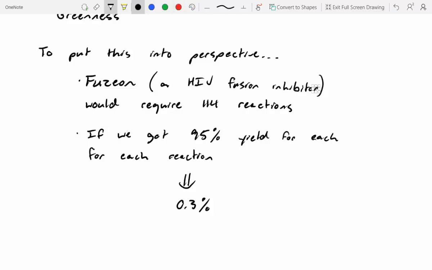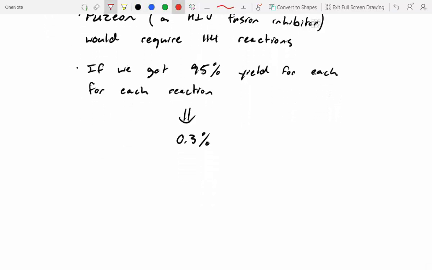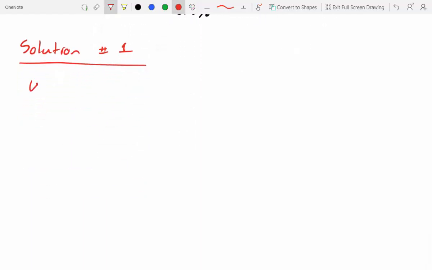The solution that's commonly used is to use an automated system. So solution number 1 is to use solid phase peptide synthesis, which is automated.